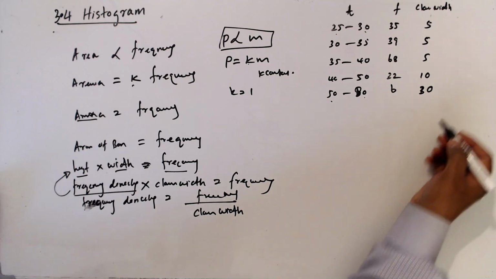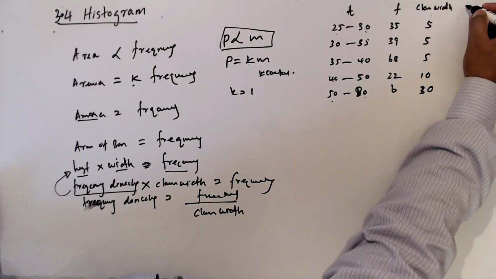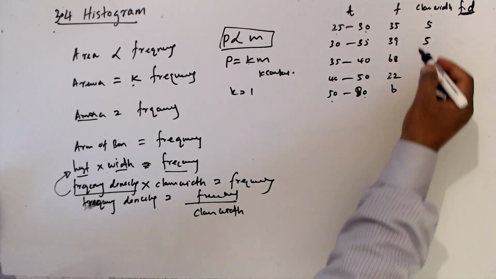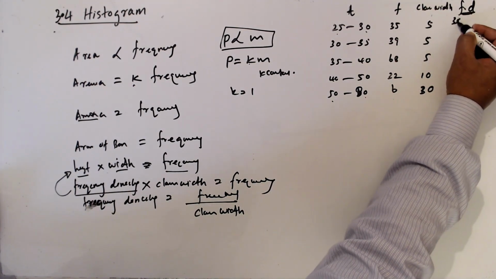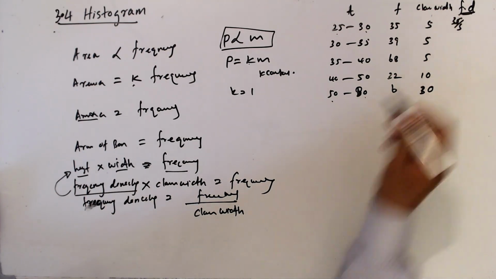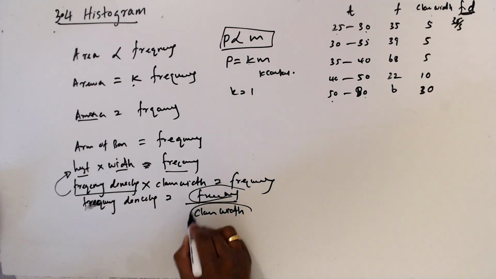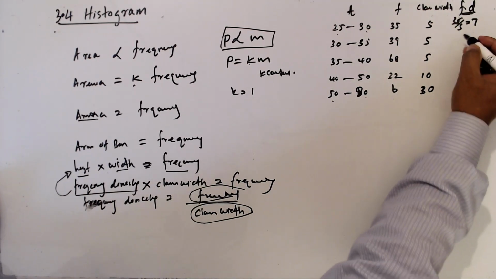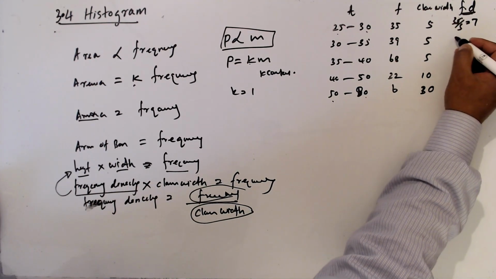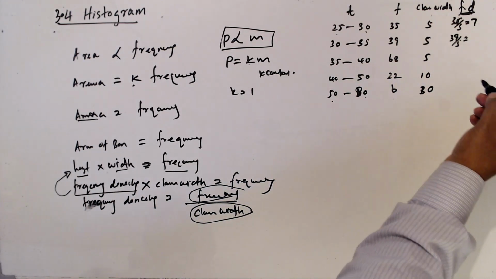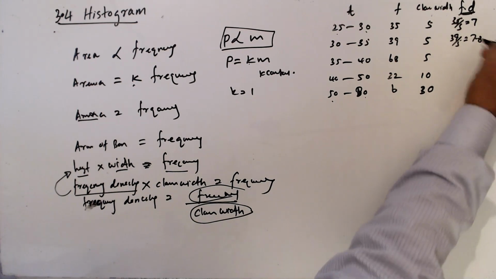Now frequency density, in short form: how do you find it? 35 divided by 5, frequency divided by class width, is 7. Then 39 divided by 5 is 7.8.